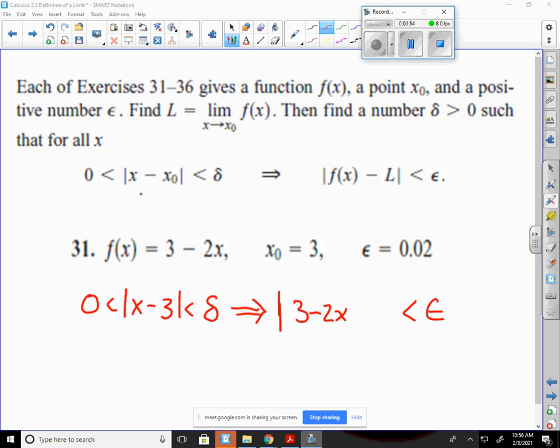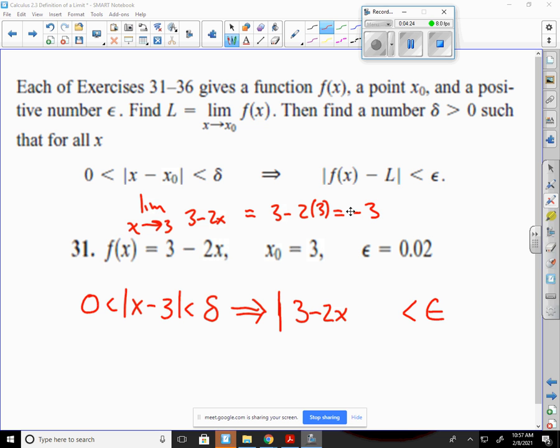Well, we take the limit as x approaches 3 of 3 minus 2x. Is there anything restricting me from just throwing this 3 in here? No. Since it won't make me divide by 0 or give me the square root of a negative, I can just throw my 3 right into the problem. 3 minus 2 times 3, which is negative 3.